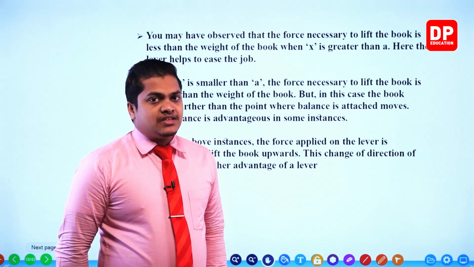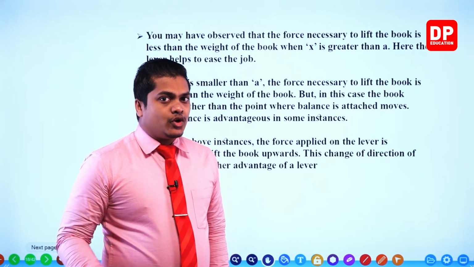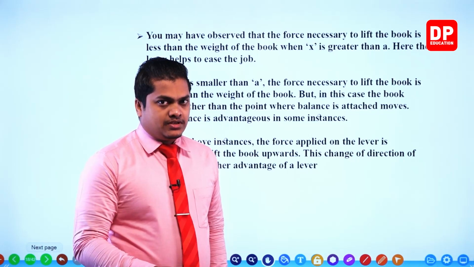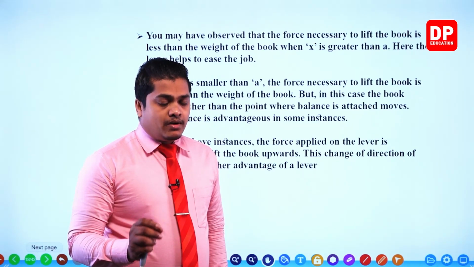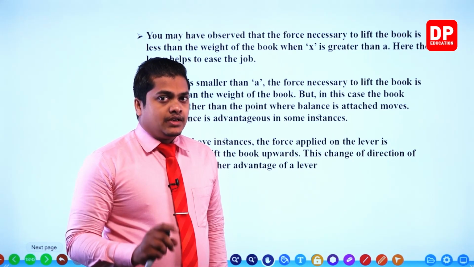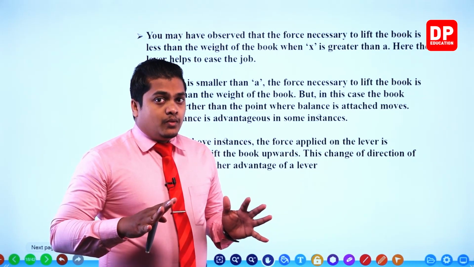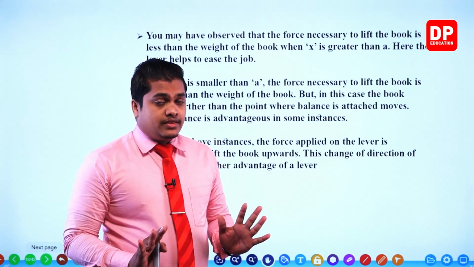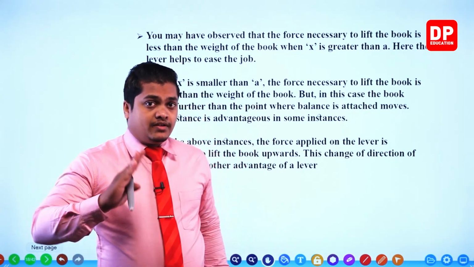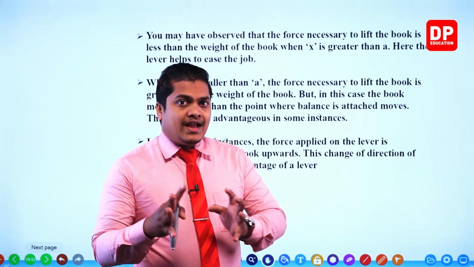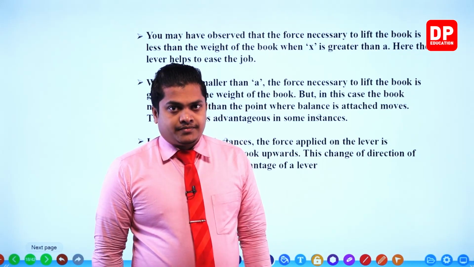Okay, that means, my dear children, lever is going to ease the work. Lever is going to reduce the amount of force that we need to apply, right? However, this is only applicable when the distance between the wedged point and the force applied is greater than the distance between the load and the wedged point.